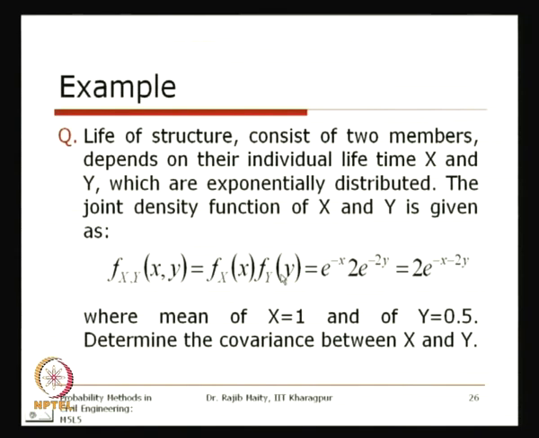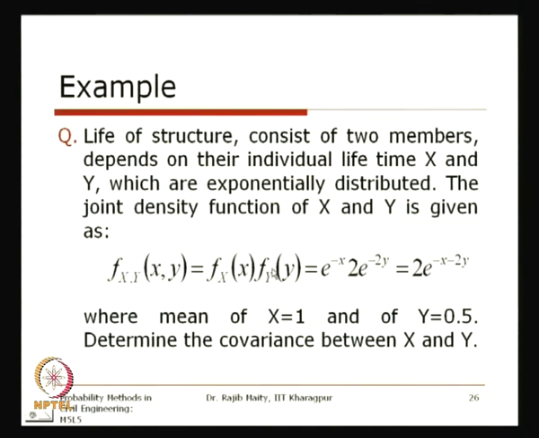The marginal distribution of x, the first random variable, is e power minus x, and the second one is 2 e power minus 2y. So, you can say that both are exponentially distributed. f x is e power minus x, and the other one is 2 e power minus 2y.